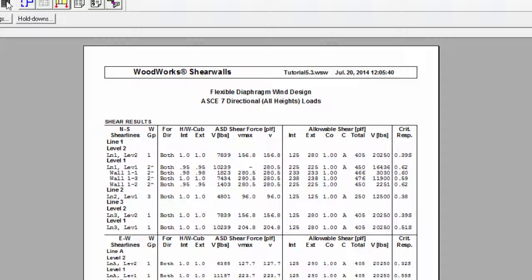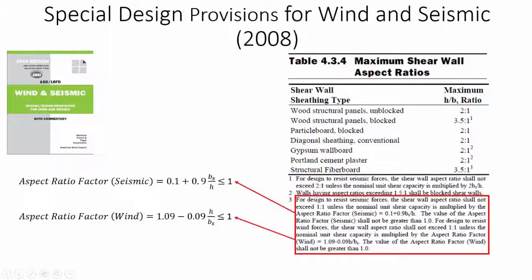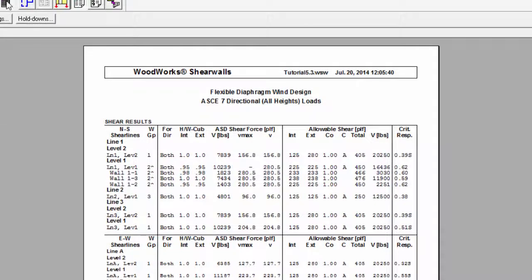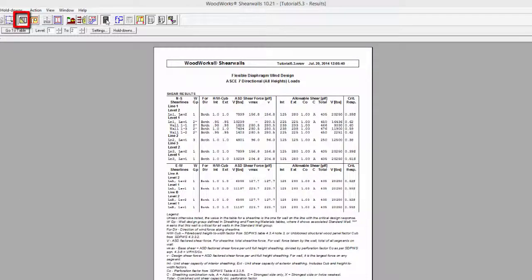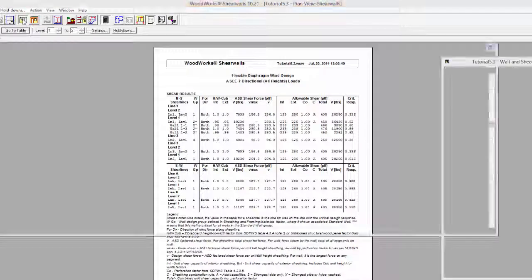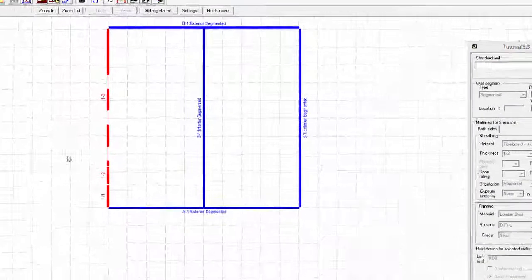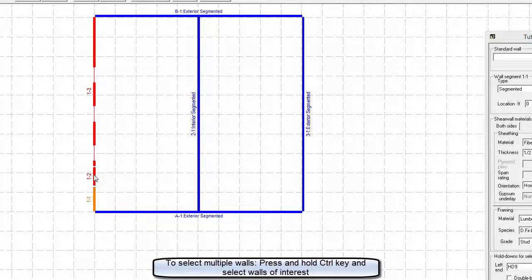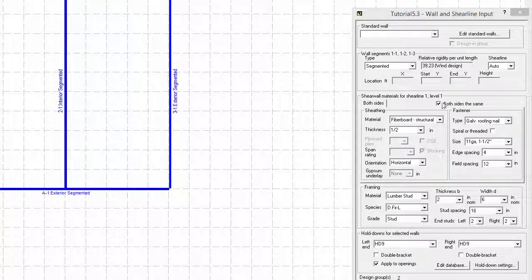For a blocked wall with fiberboard on one side and gypsum on the other, with a height to width ratio smaller than or equal to 2 to 1, the factor will be equal to 1 for the side of the gypsum, and for the side of the fiberboard, it will be equal to the value determined by the following table. To illustrate this, we first have to select the walls icon and edit the walls. Deselect the both sides the same option.